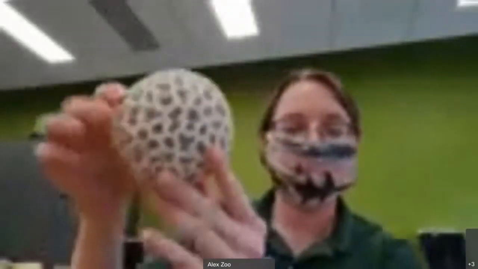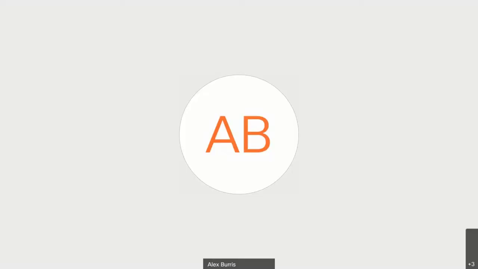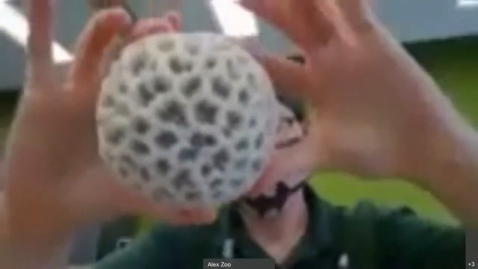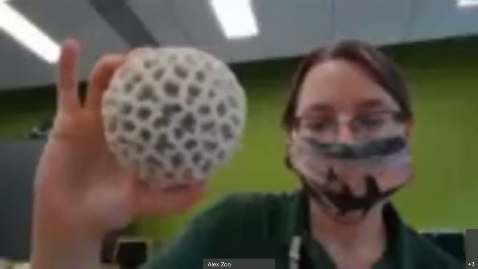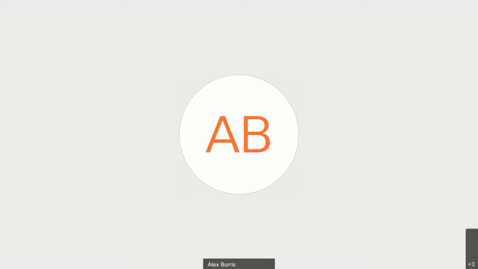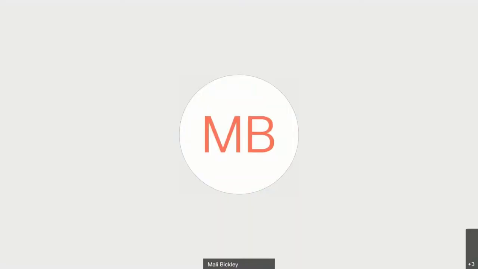Who knows what this came from? Anybody know what animal this is from? A brain coral? It's a brain coral. Yeah, this is a type of coral called a brain coral.